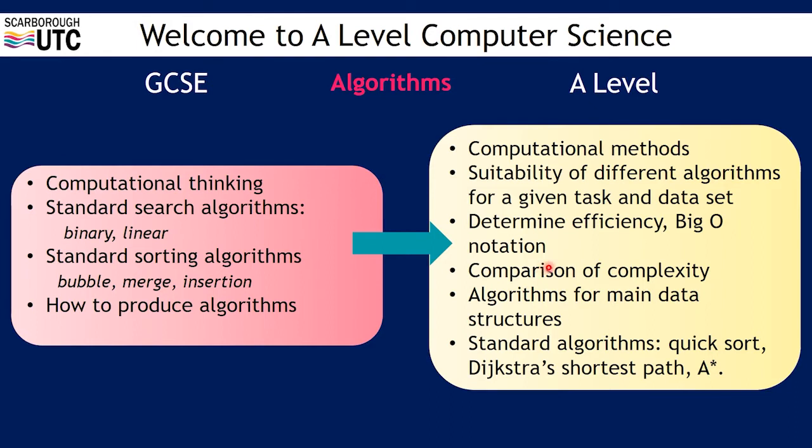What I mean by that is comparing them using the Big O notation and deciding which algorithm that you are comparing is going to perform better on the given task and data set that you've been given, all right? And this is what is known as the Big O notation. It's just a measurement of the performance of these algorithms, all right? So you'll be given a scenario in your exam and you'll have to explain this in the Big O notation terminology, okay? And that's all about performance and efficiency.